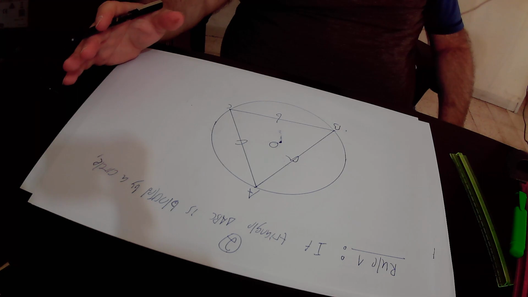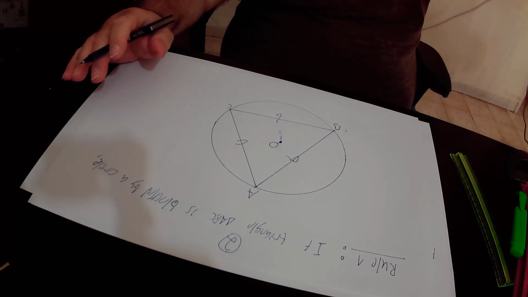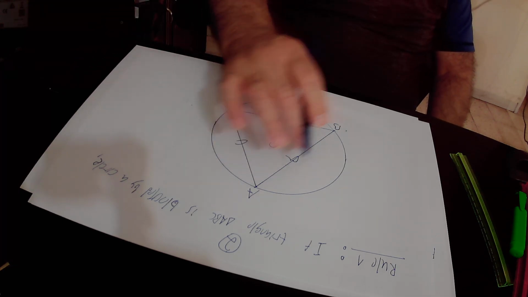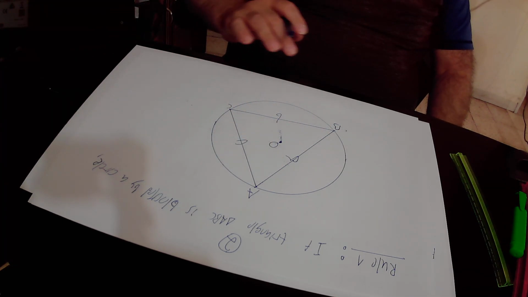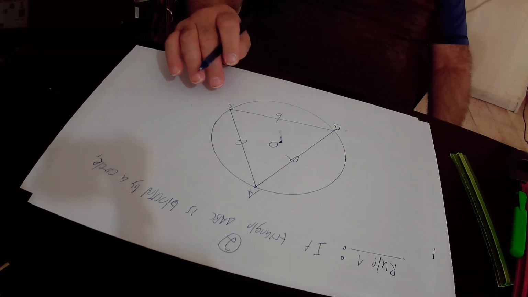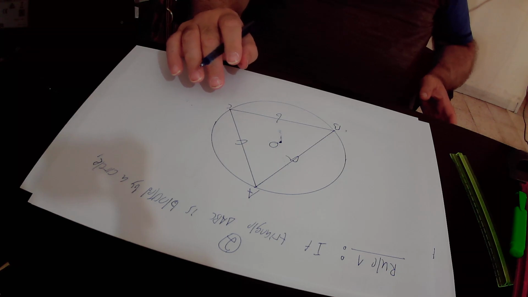What is the definition of a triangle that is blocked by a circle? Actually, only if all the three vertices of the triangle touch the circle, we can say that the triangle is blocked by a circle. Otherwise, the triangle is not blocked by a circle.